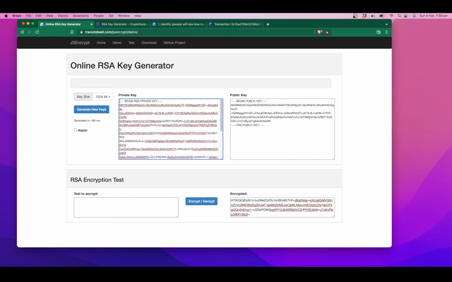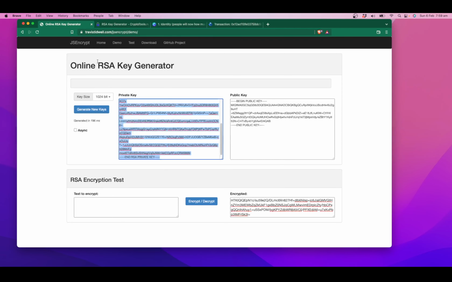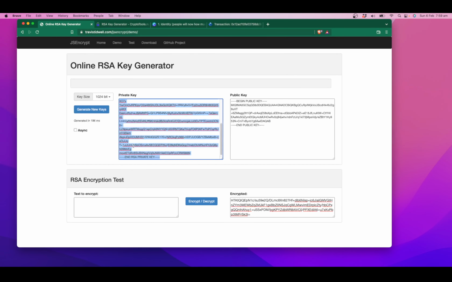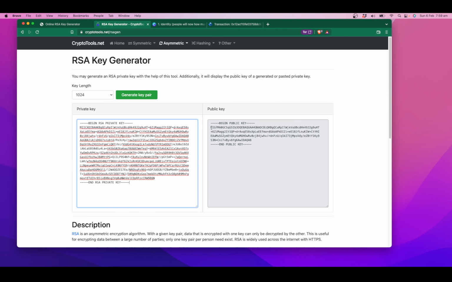You can also understand this concept like this: let me copy this thing from this site to another site which has no idea about this key. If I copy this and paste it here, you can see this public key is exactly the same as this public key.